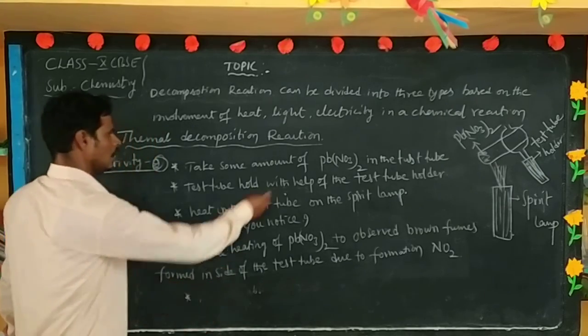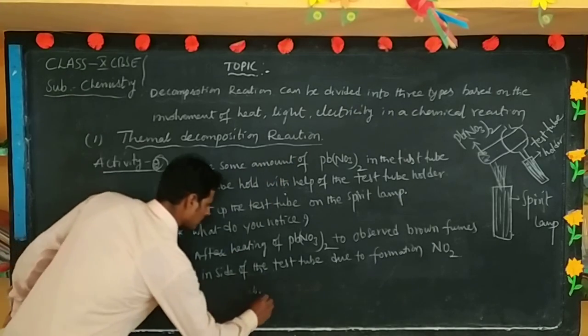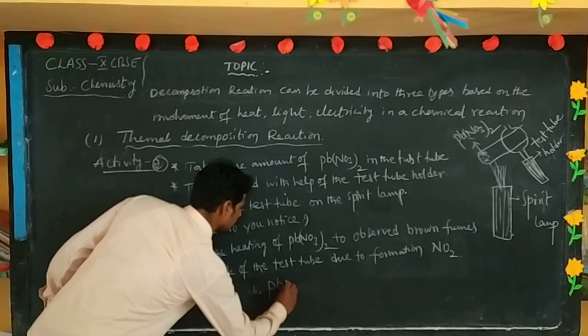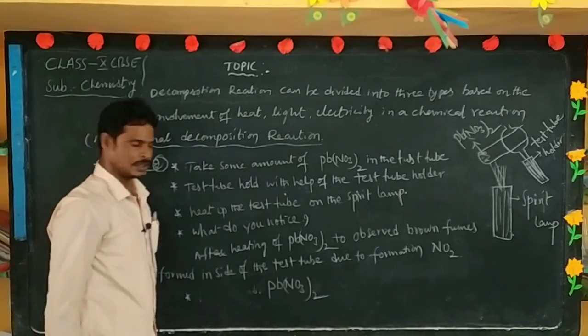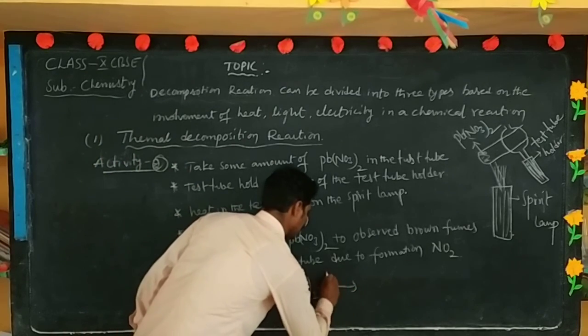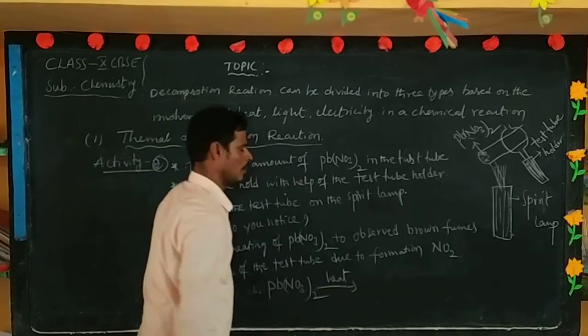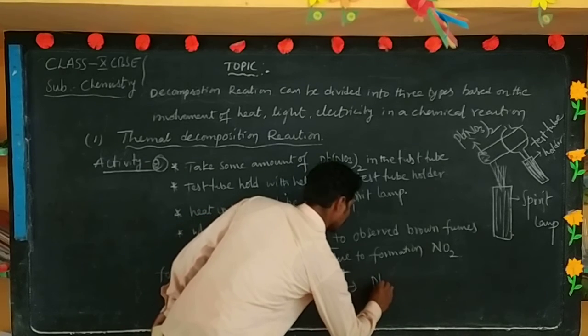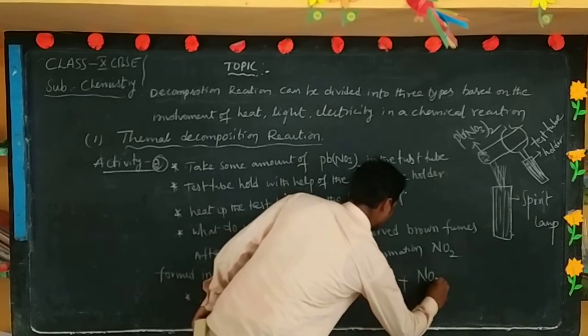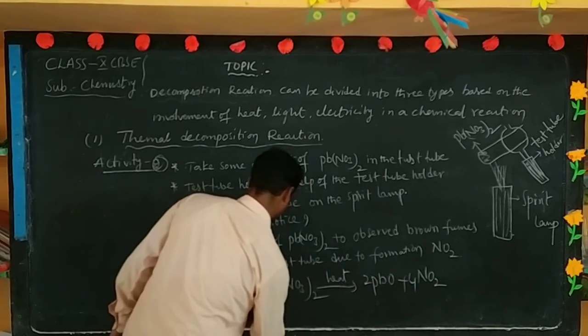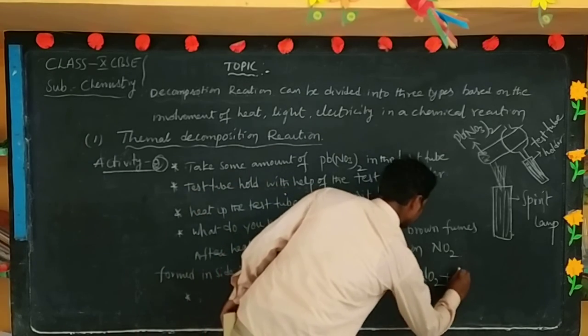Once again, observe and write the balanced equation. Lead nitrate undergoes decomposition in the presence of heat to form lead oxide plus NO2 plus O2.